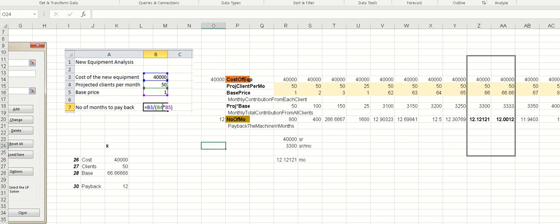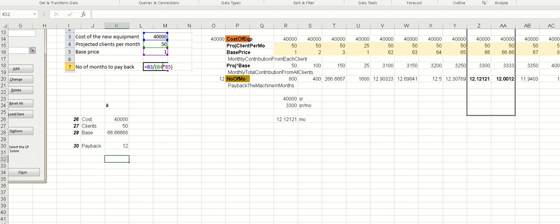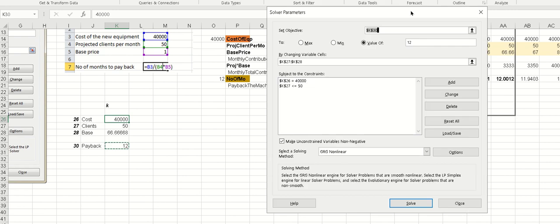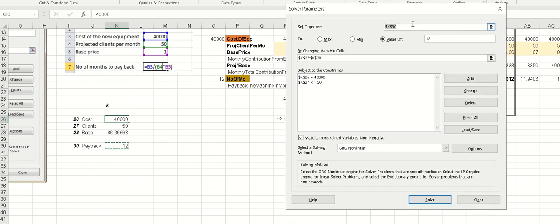Okay. So now, given this particular understanding, let's do the solver. In this particular solver, I rewrote the equation. So this is the column, and this 26 is this, 26, 27, 28, so we don't get lost. So we minimize this.